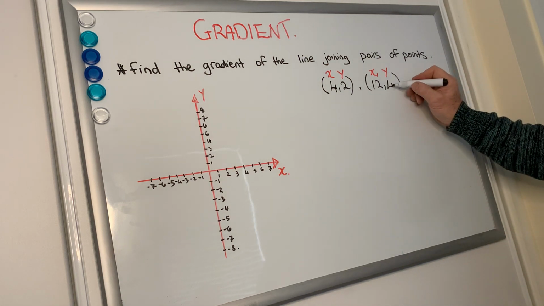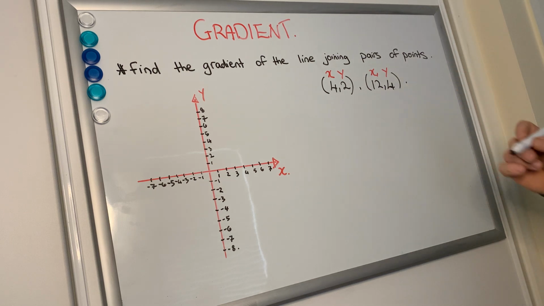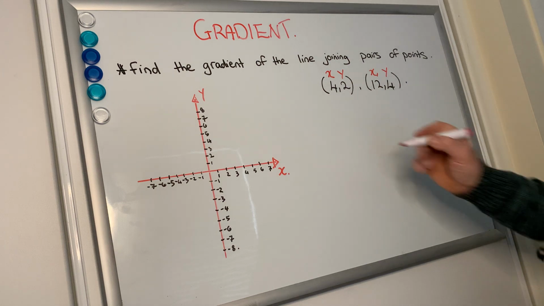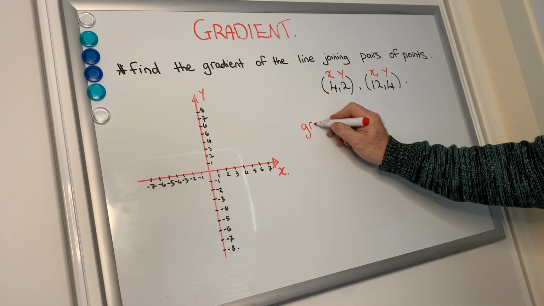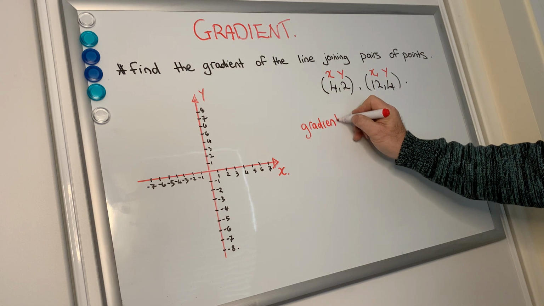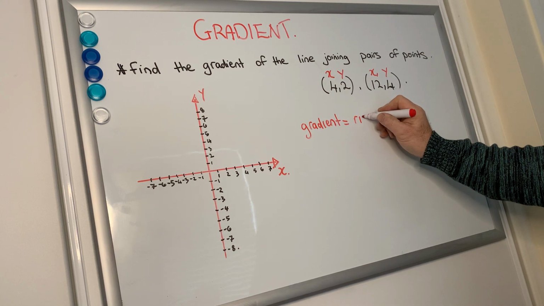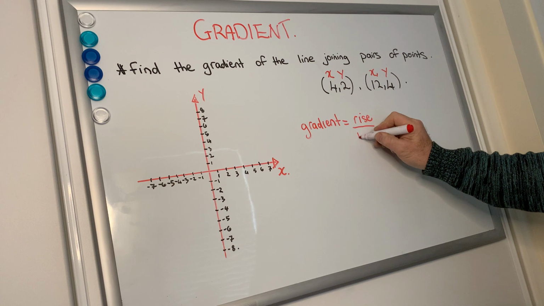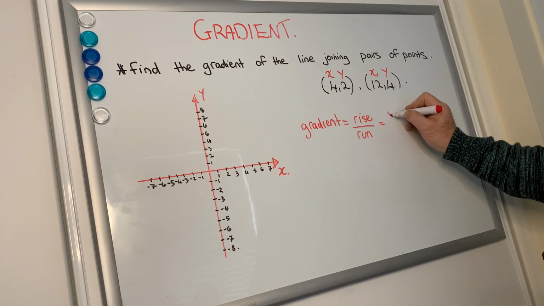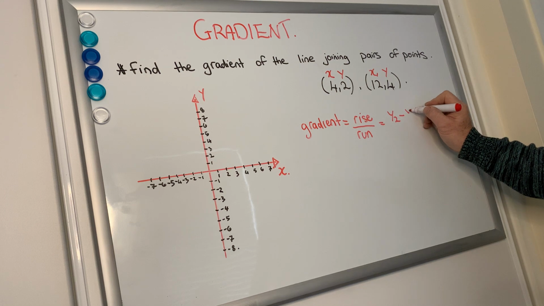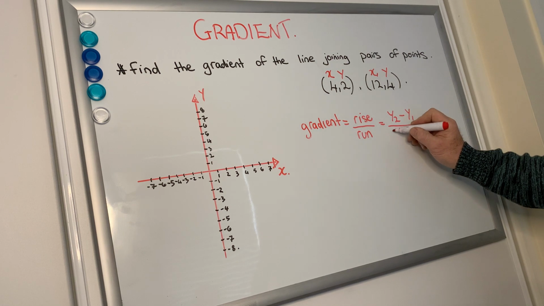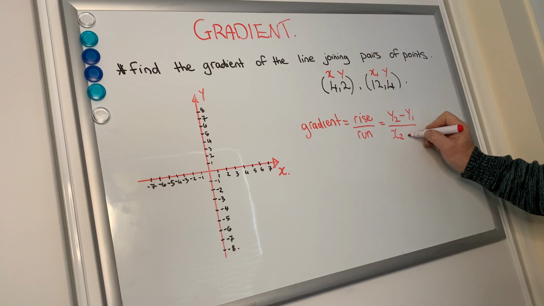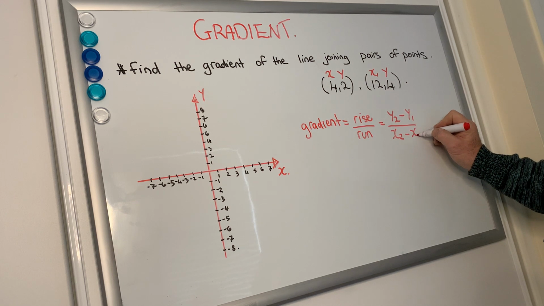Now, with that being said, if we have a look at our gradient formula, we could say that gradient is equal to rise over run, which is equal to the change in y, which is y2 minus y1, divided by the change in x, which is x2 minus x1.